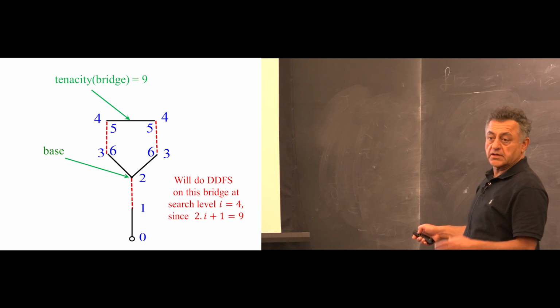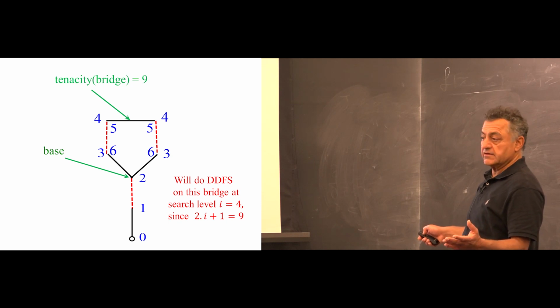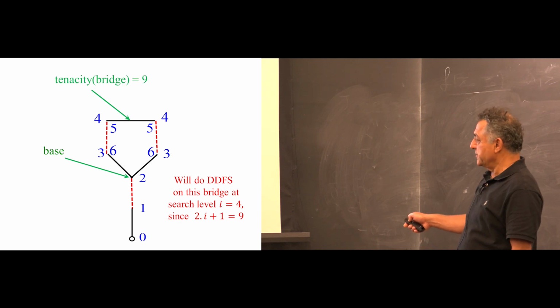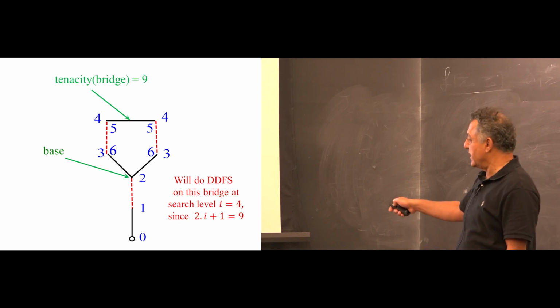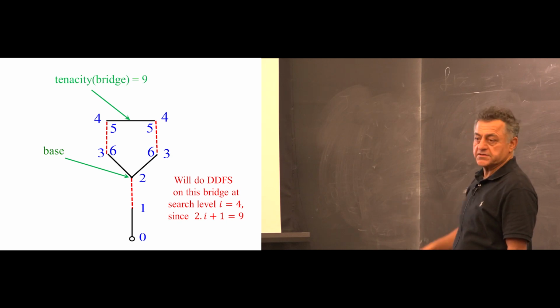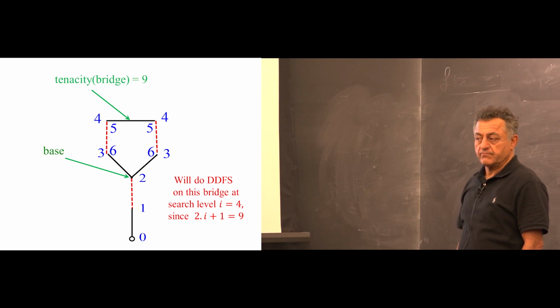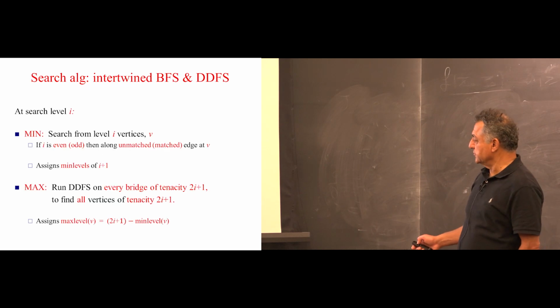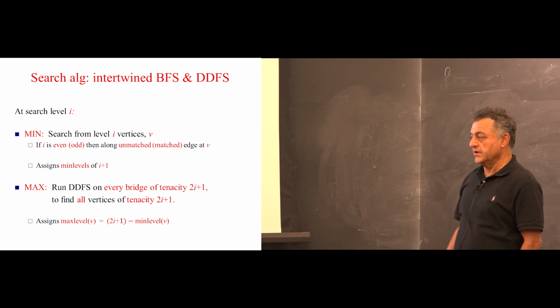We look at all the bridges of tenacity 9, because that's 2 times 4 plus 1, namely this bridge, and do double depth-first search on that, and we find these 4 vertices and give them their max levels. Is that okay, Joseph? And we assign to these vertices their max levels of 2i plus 1 minus the min level.